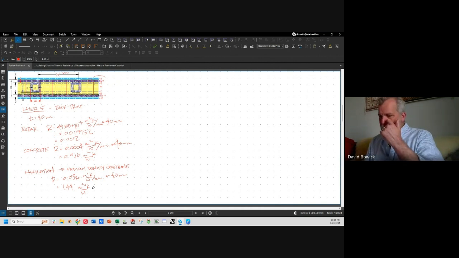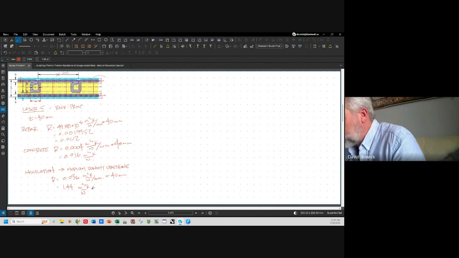Oh, I forgot to work out my U values at the same time. So I'll do that right here. So U rebar equals 1 over 0.002.